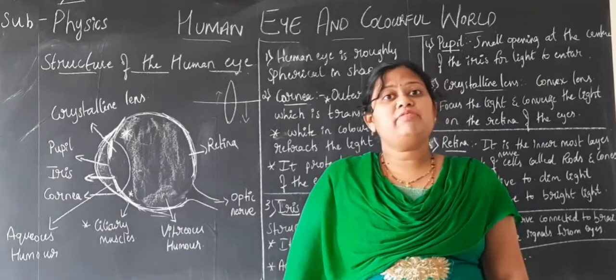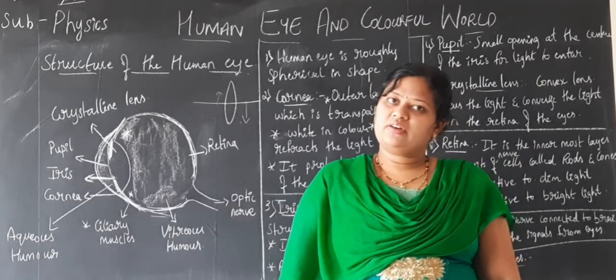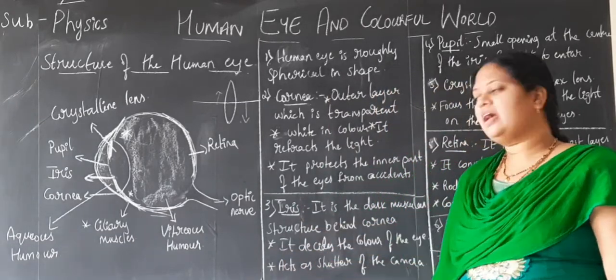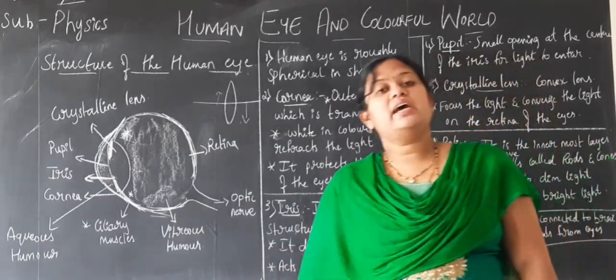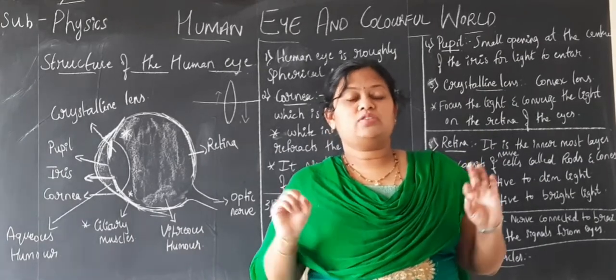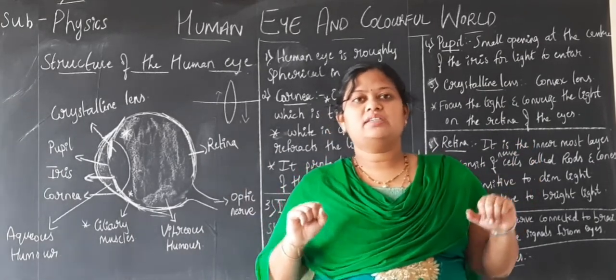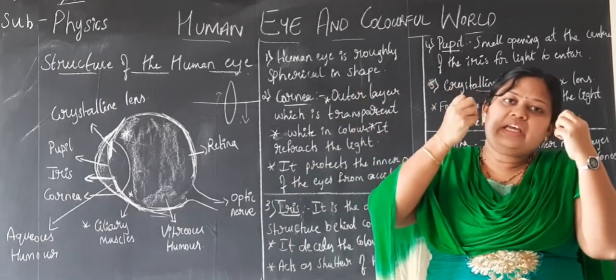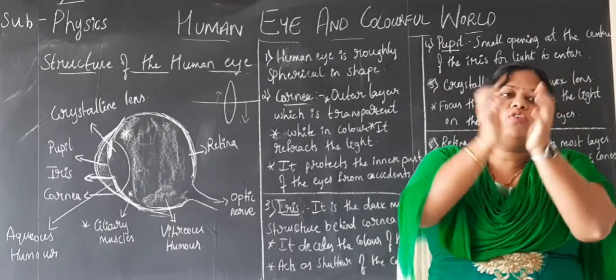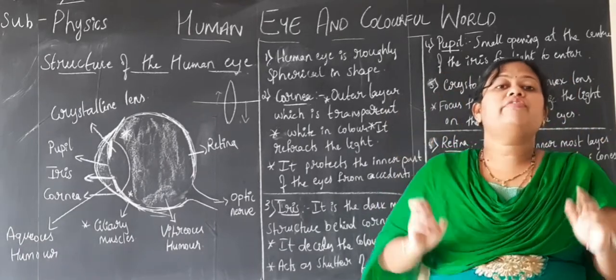Why should it be a flexible one? It is because, as I already said while explaining the iris, it decides the amount of light entering, isn't it? We may closely open our eyes or widely open our eyes. For all these movements to be easier, children, there should be a soft muscle which helps in contracting or relaxing the lens.